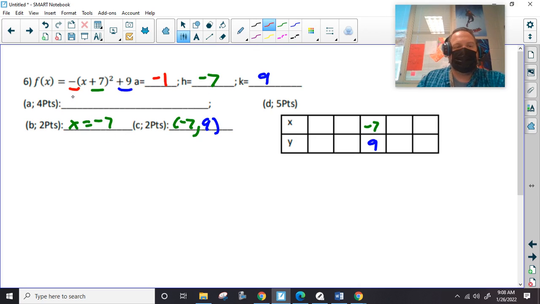So right here, you could say flip or reflect because we've seen it both ways. If you're writing it, try to put on the x-axis or whatever. This is going to be left 7 and up 9.